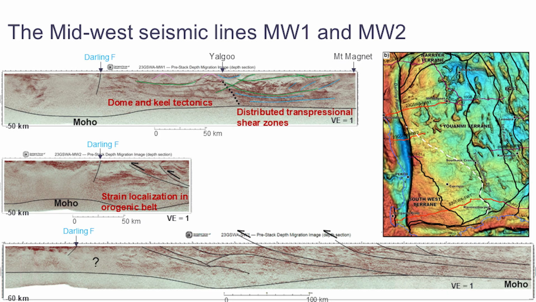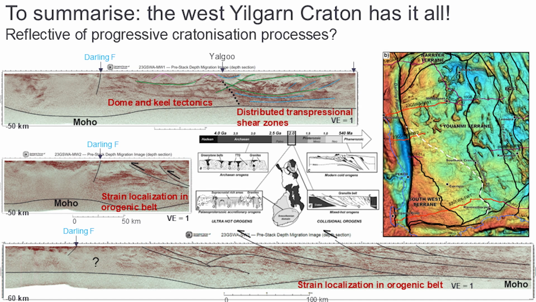And so just to summarize, I just want to say that the West Yilgarn has it all, or almost. From preservation of an architecture that we may think is due to the preservation of buoyancy-driven tectonics. And then on the eastern side of Yilgarn, we've got the preservation of a very different tectonic style, that of this distributed shear zone pattern that we know of in the northern mid-terrain and eastern Goldfield superterrain.